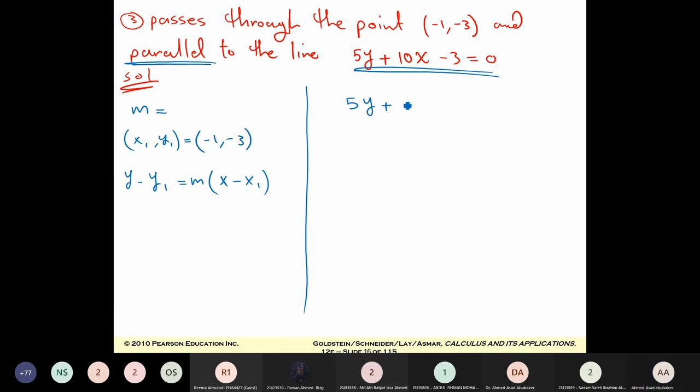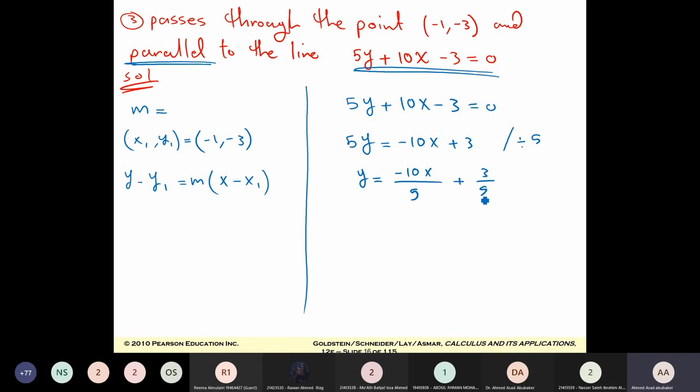5y plus 10x minus 3 equals 0. So we have 5y equals negative 10x plus 3. By dividing the equation by 5, we have y equals negative 10 over 5 x plus 3 over 5. So y equals minus 2x plus 3 over 5.